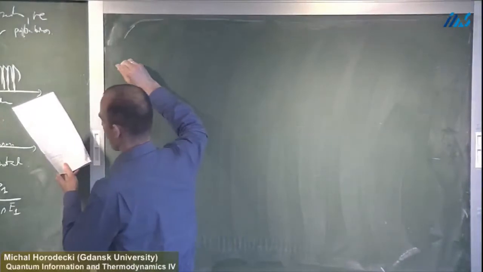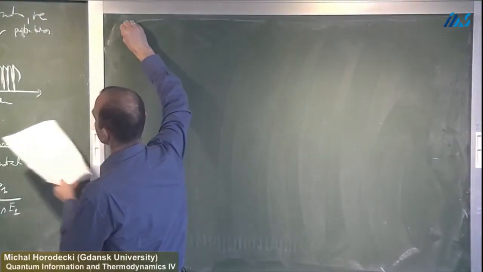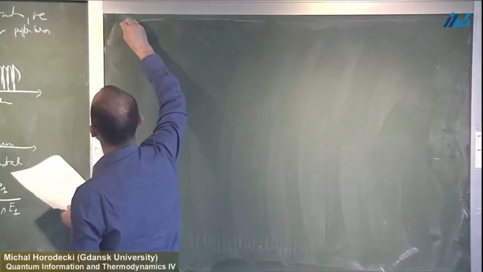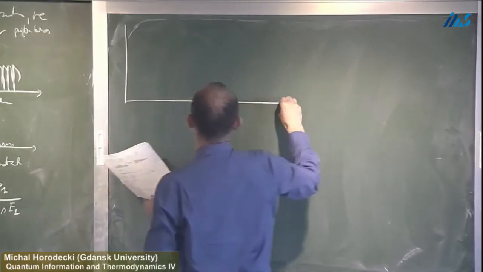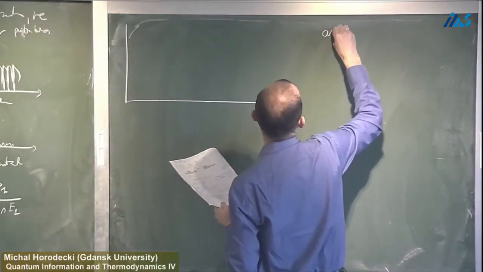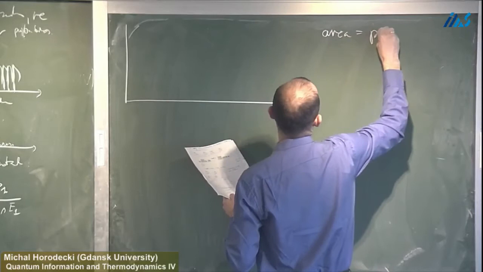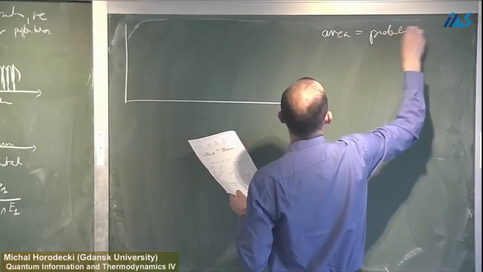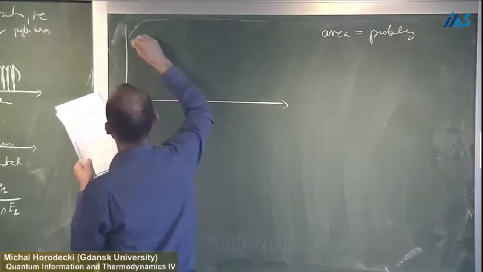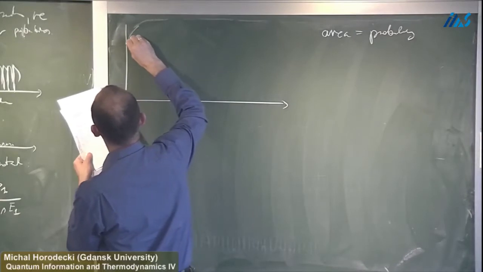So we can draw a different kind of histogram now, where area will be probability. We'll draw it in such a way that the area is the probability. So how to do that?